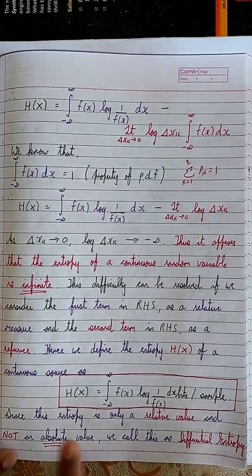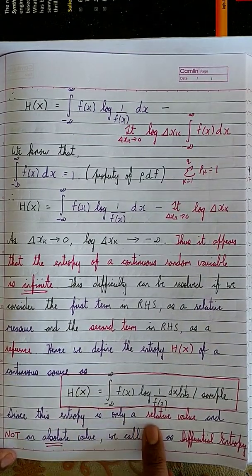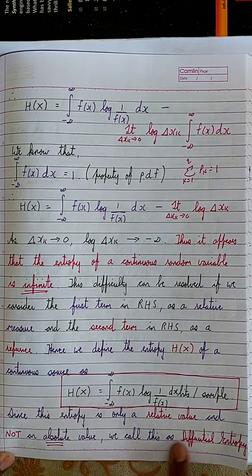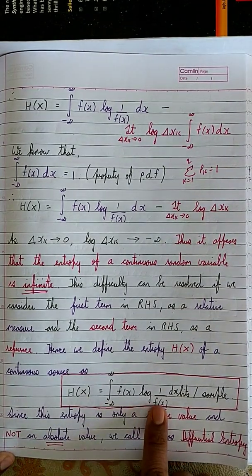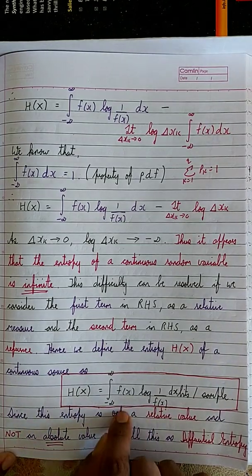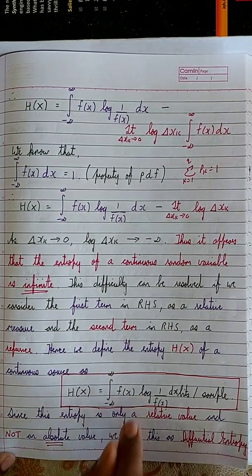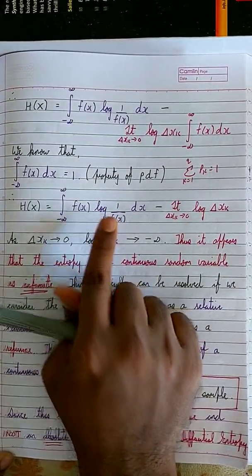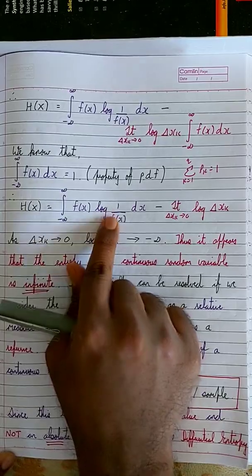Since this entropy is only a relative value and not an absolute value, we call this a differential entropy. The absolute entropy of a continuous signal is nothing but infinite.